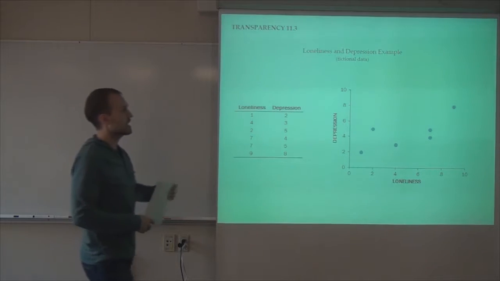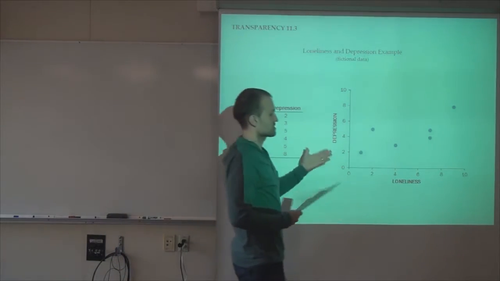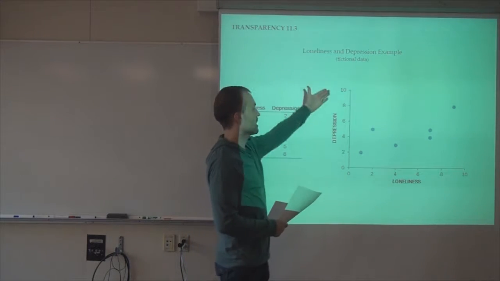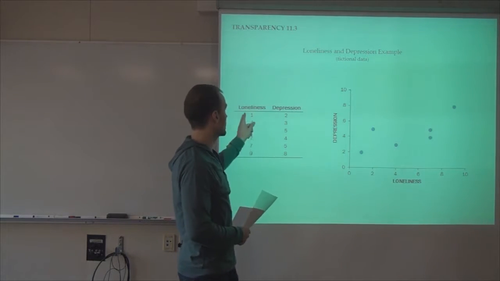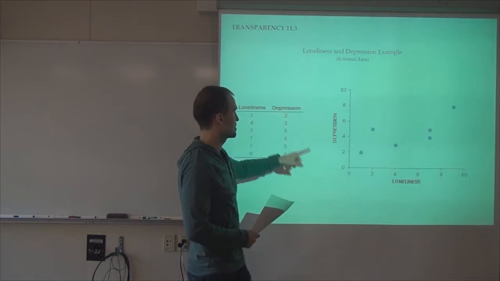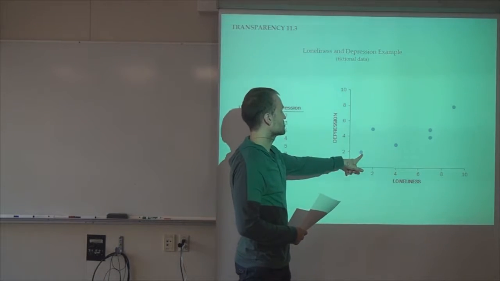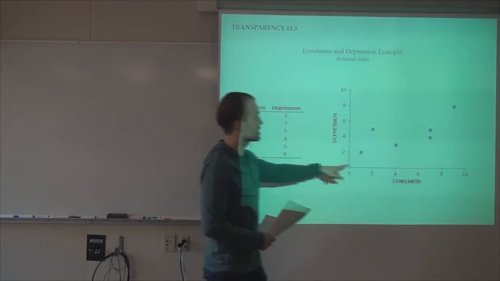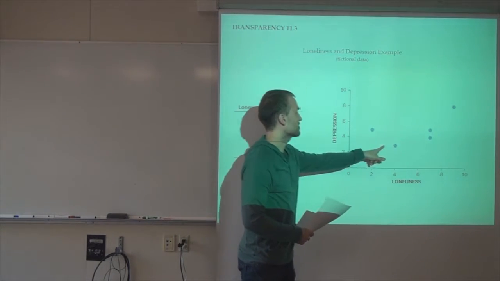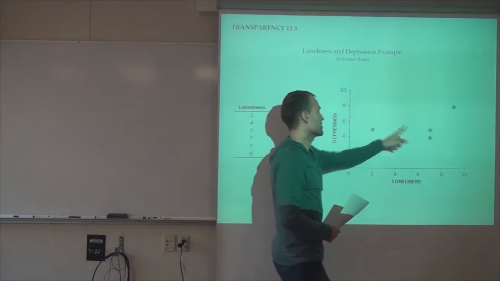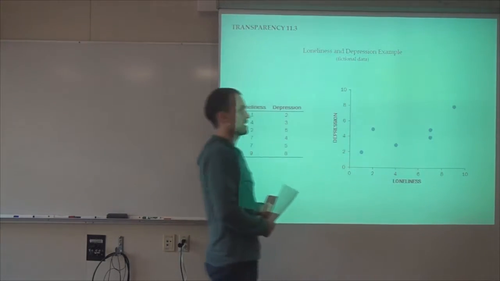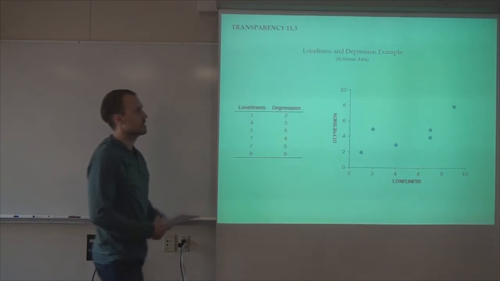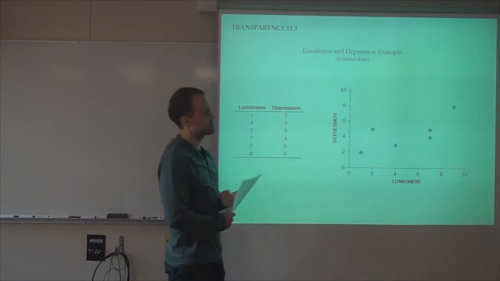Okay. So again, I have my loneliness scale here at the bottom and depression on the vertical axis, and I plot 1. Loneliness corresponds to depression of 2, so I put a dot there. 4, loneliness corresponds to depression level of 3, dot there, and I continue like that, and I have my sample graphically represented in terms of loneliness and depression.